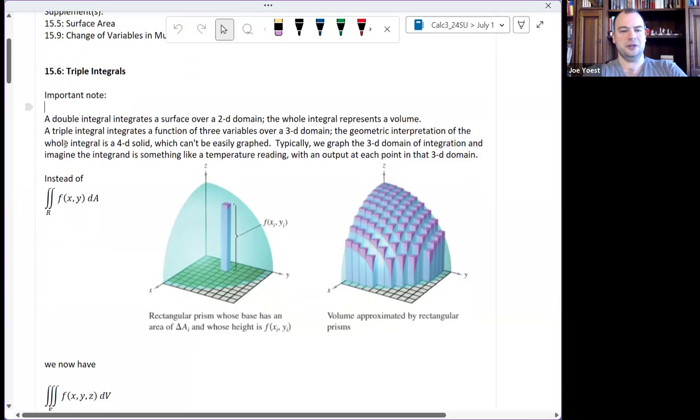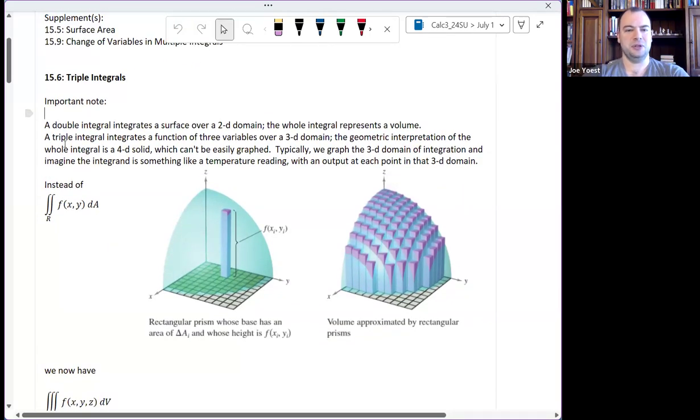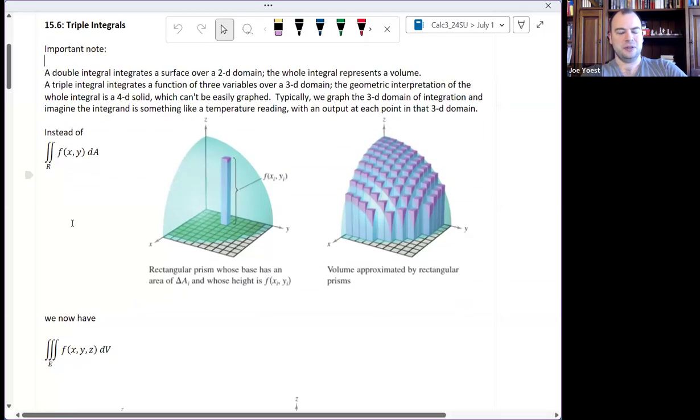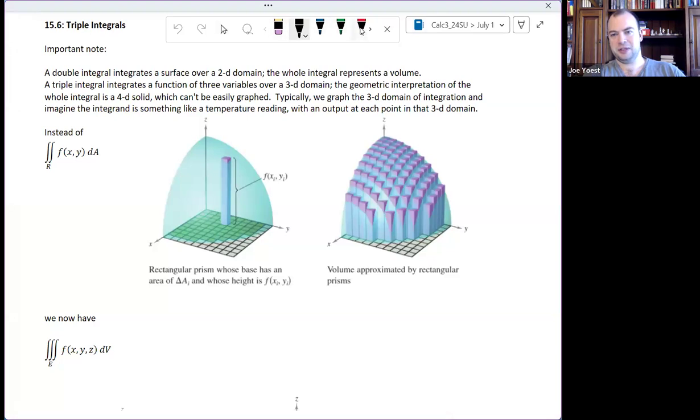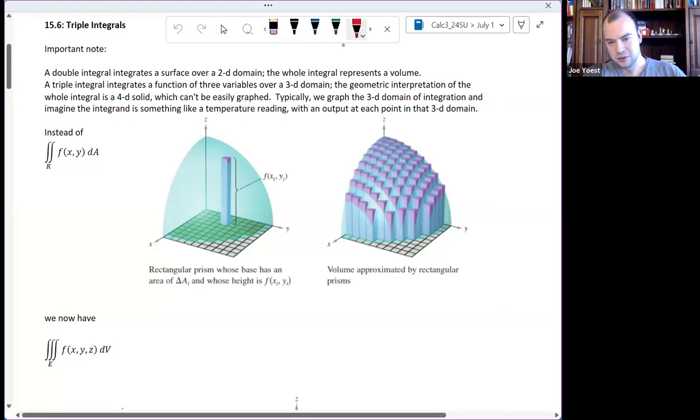One super important note that I think we need to be careful of is noting the difference between a double and a triple integral. So a double integral integrates a surface over a 2D domain. So here I have an example of a two-dimensional domain in the XY plane.